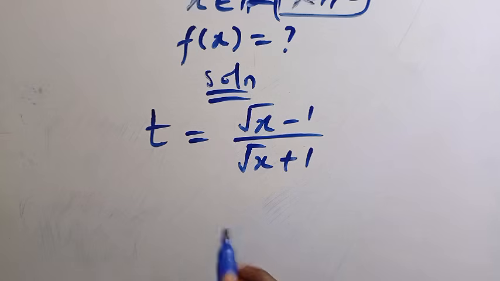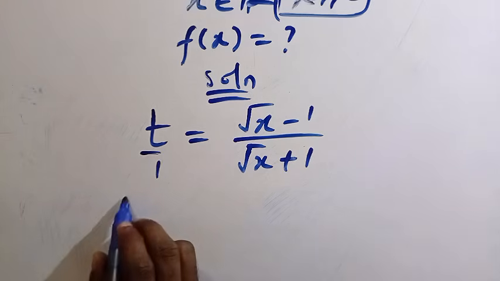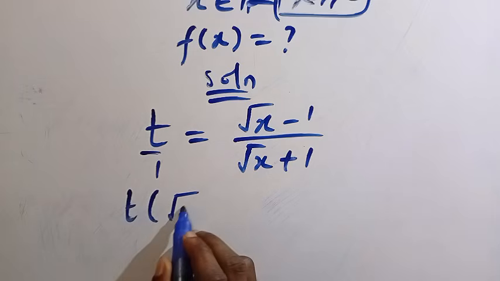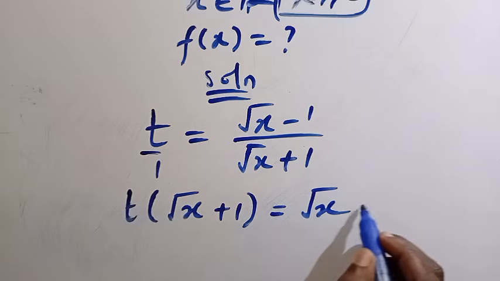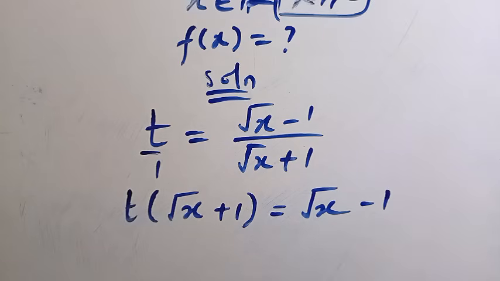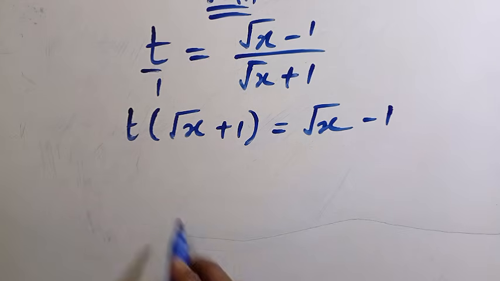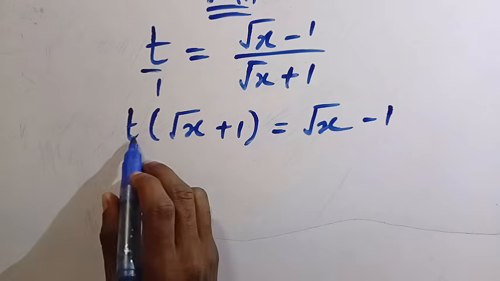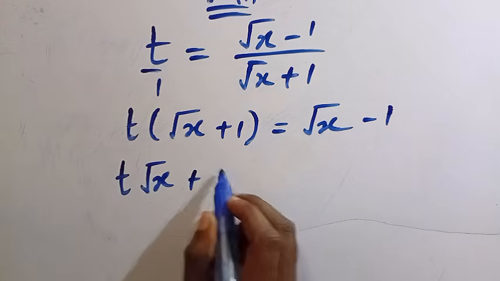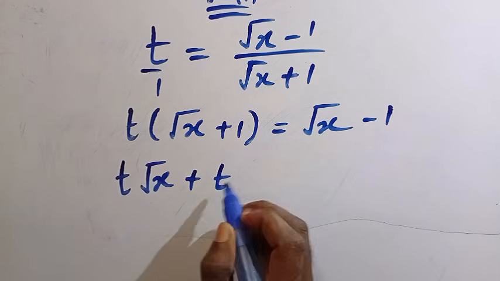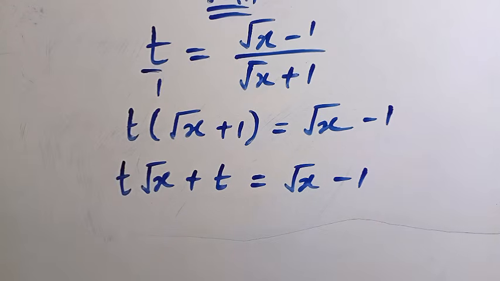What we do is cross multiply. By cross multiplying, we have t into the bracket of square root of x plus 1 equals square root of x minus 1. Then we open the parenthesis: t multiplied by root x plus t multiplied by 1, that is t, equals root x minus 1.